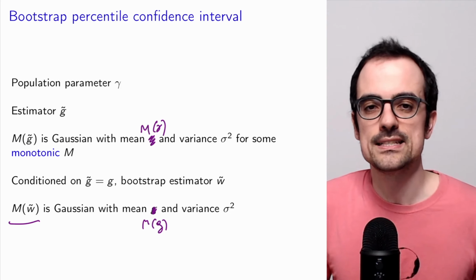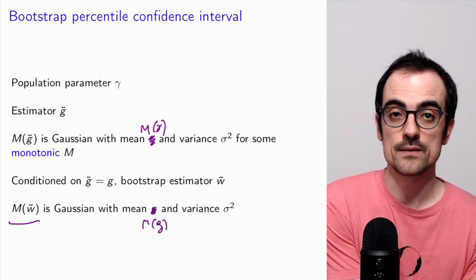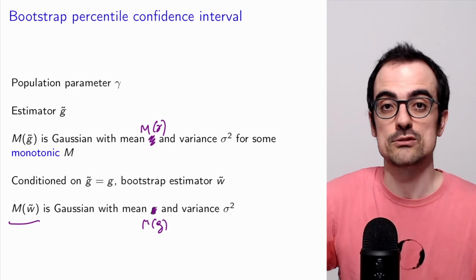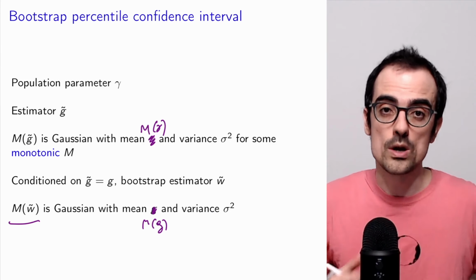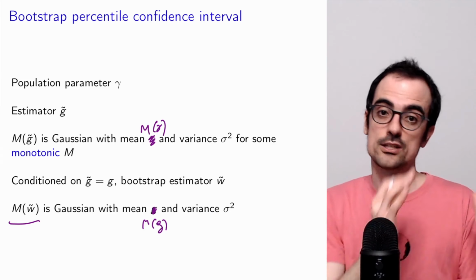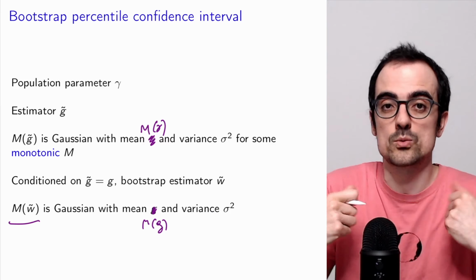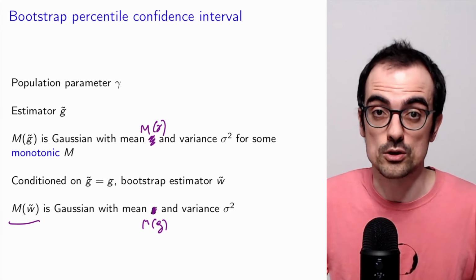So the idea is that both for the original distribution of the estimator and for the bootstrap distribution, if we apply this monotonic transformation, we have exactly the same situation as we had earlier, where we get these two Gaussian distributions that are shifted with respect to each other. We're assuming that once we apply this monotonic transformation, this happens, and this is approximately true actually for the correlation coefficient.